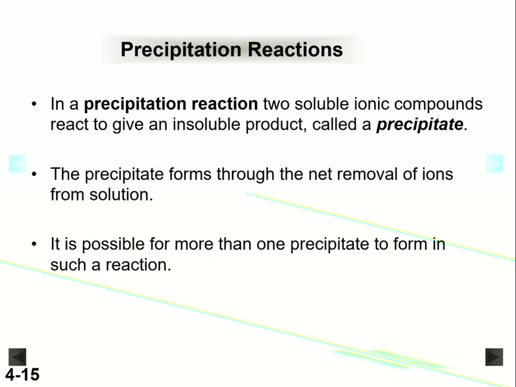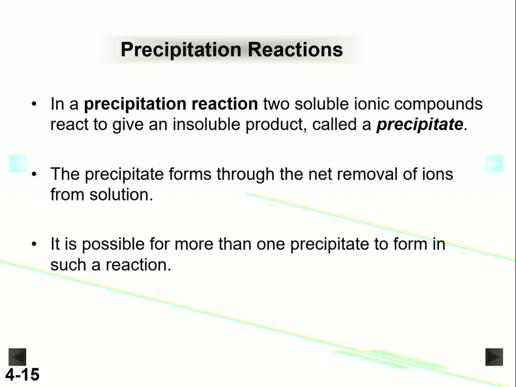So our first class of reactions, the one that we've just looked at, is the precipitation reaction. A precipitation reaction takes two soluble ionic compounds, that is, ones that dissolve in water. You mix them together and they react to generate an insoluble product. That is, a solid falls out of solution or crashes out of solution or precipitates out of solution.